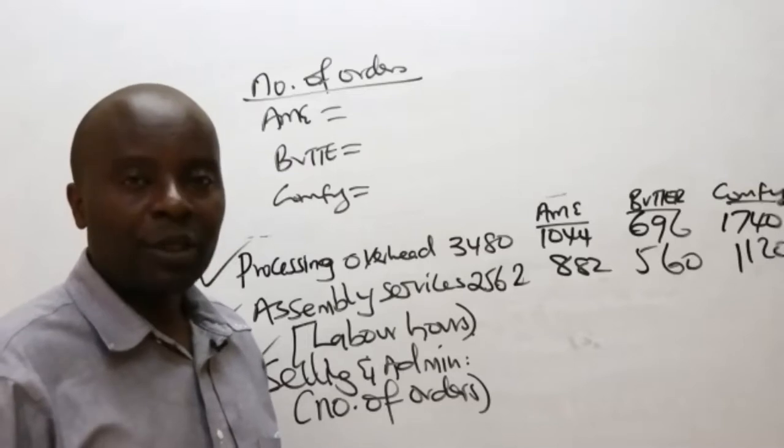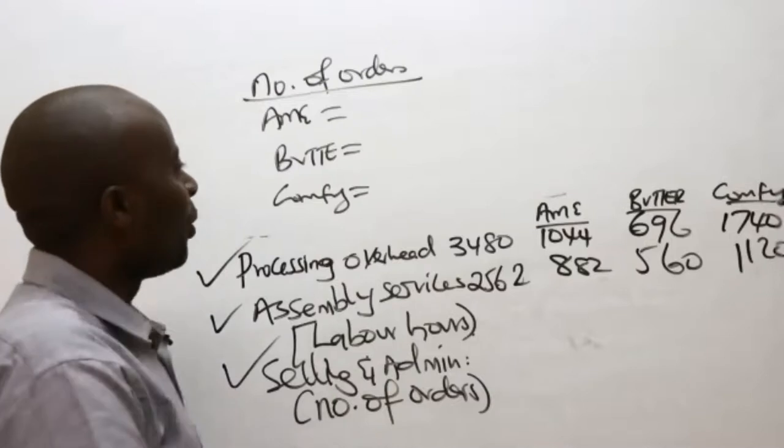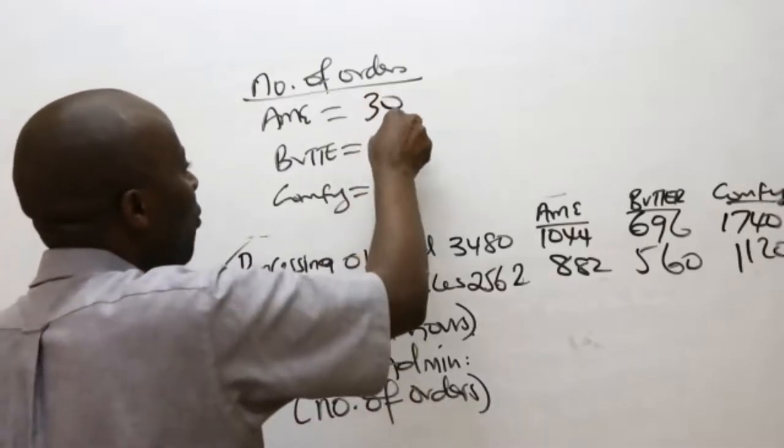I'm being told from note number 4, number of orders are 30, 40, 50.